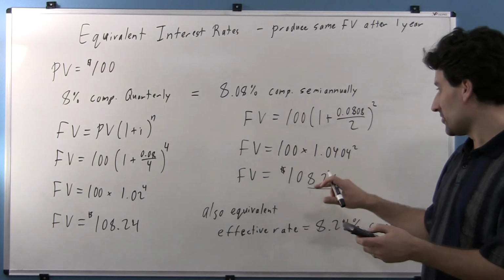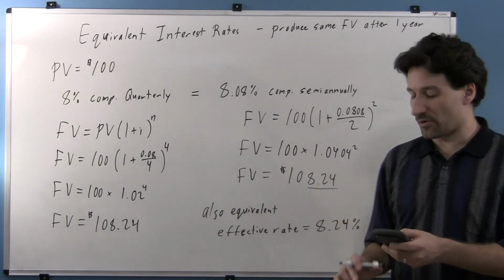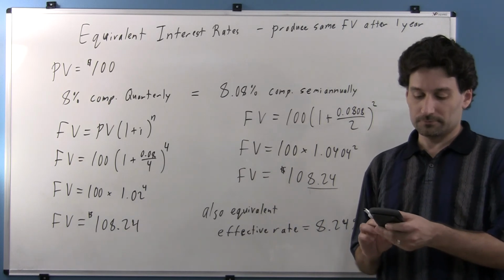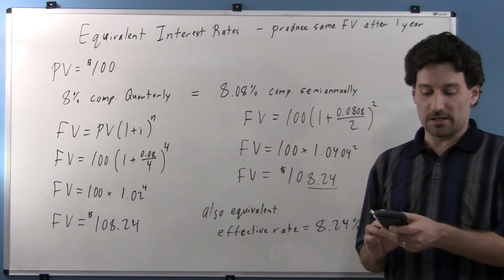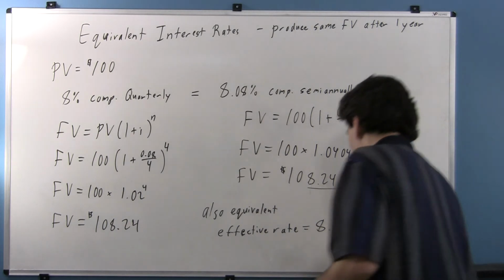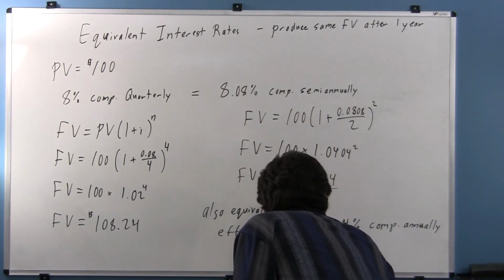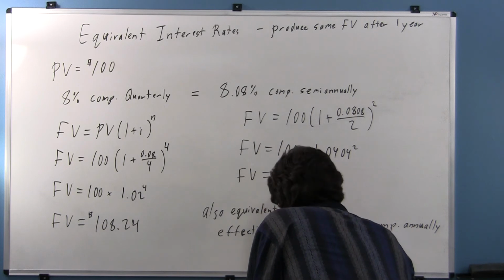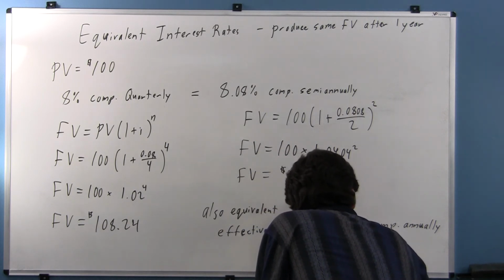Oh, that's 8.24%. That is a rounded number slightly. Yes, in either case, it's actually 8.243216%.